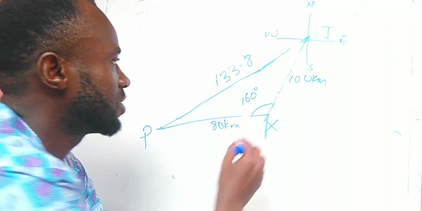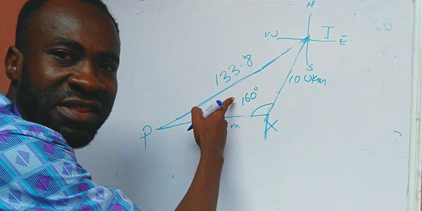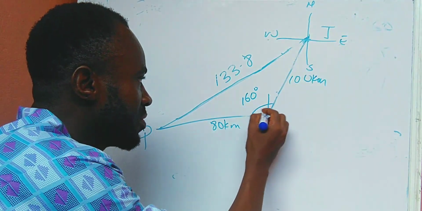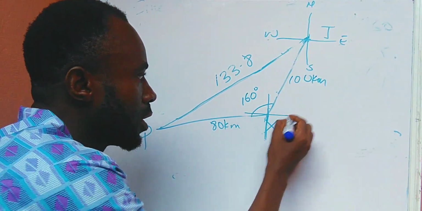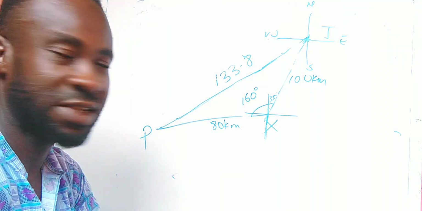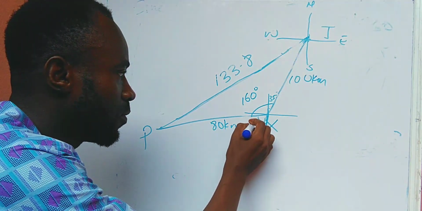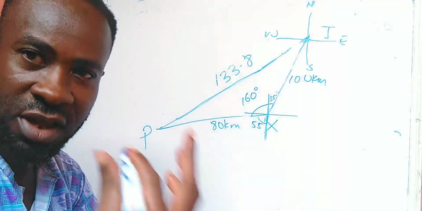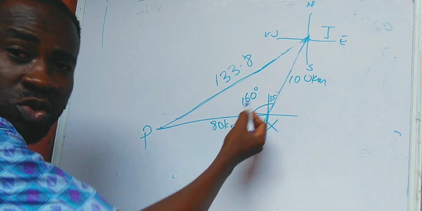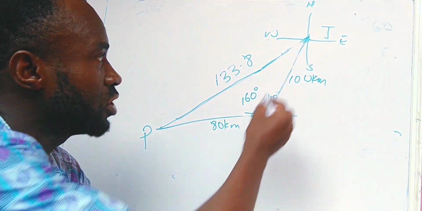Also recall that before we arrived at this 160, we had a diagram that looks like this. So here gave us 35, and here gave us 55 in our last video. So this we added to the angles here, which gave us 160. So we are going to continue from there.